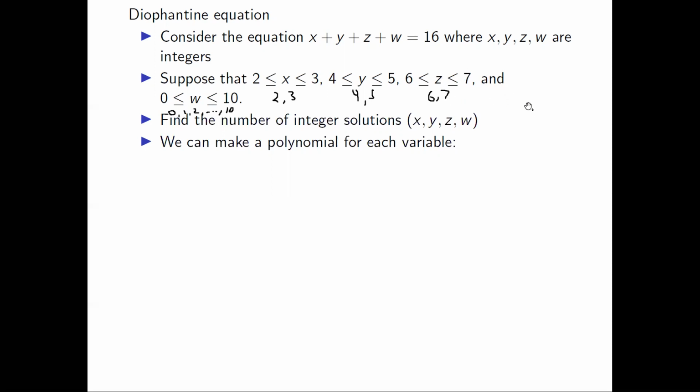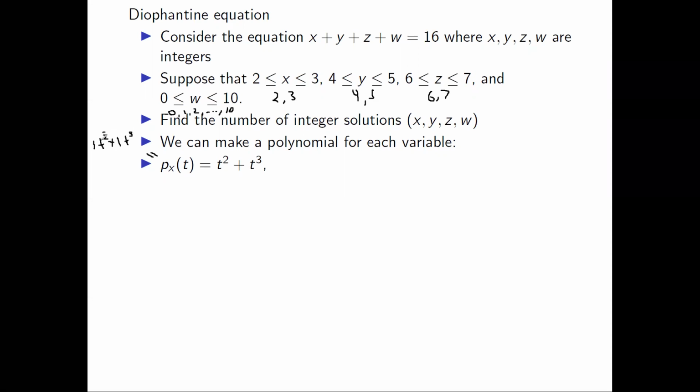So let's look at what our polynomial for x should be. This will be called p sub x of t. So x is the label, and t is the variable of this polynomial. And this polynomial is going to be t squared plus t cubed. Why is that? Well, we can write the t squared plus t cubed as 1t squared plus 1t cubed.